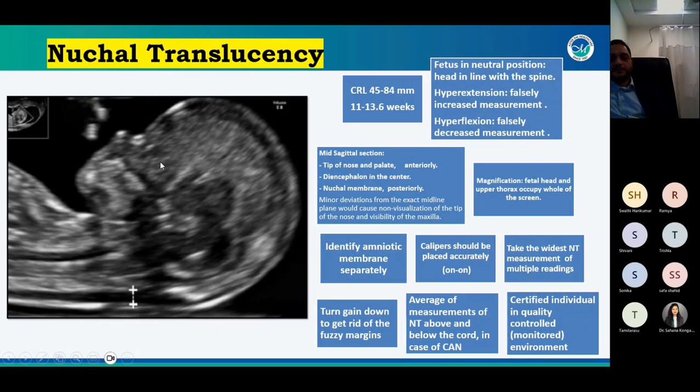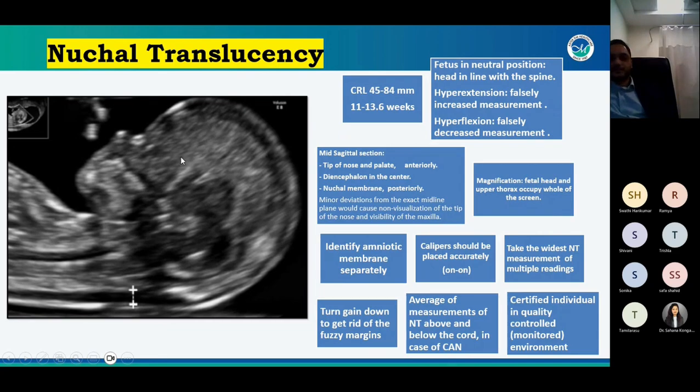If the falx cerebri is seen, we can be sure that this is a mid-sagittal section, and we'll get not only the hypoechoic diencephalon, you'll get this hypoechoic area behind the diencephalon, that is the intracranial translucency. If the plane is not mid-sagittal, then instead of this falx cerebri, you will start seeing the lateral ventricles and the choroid plexus.